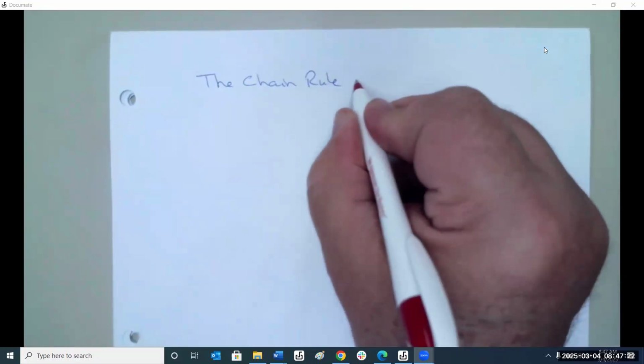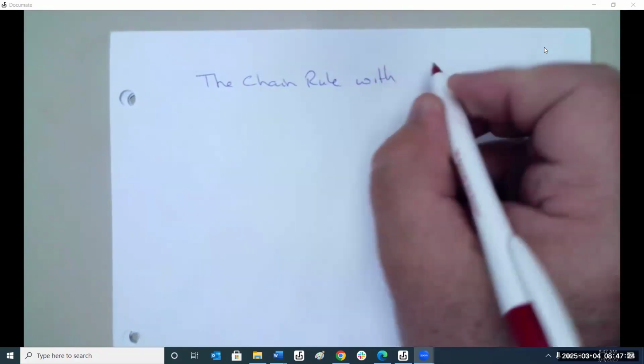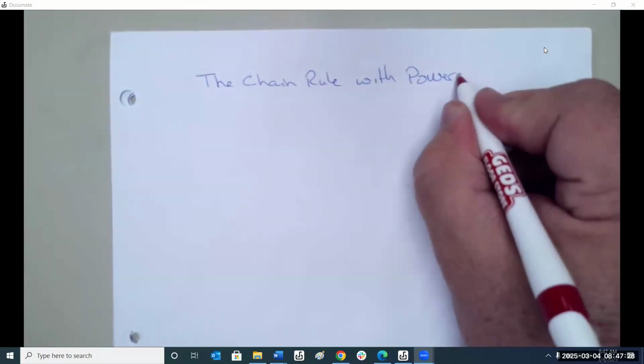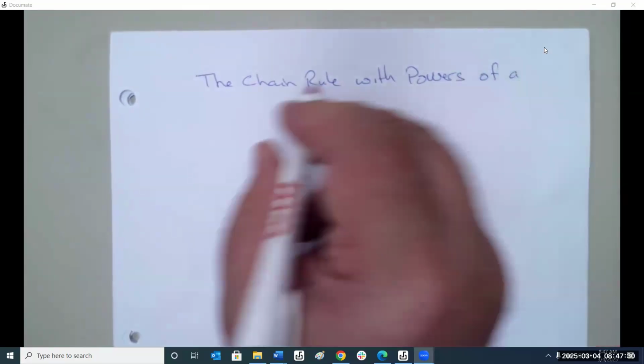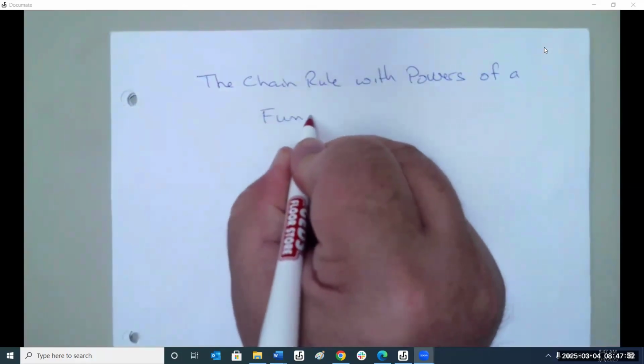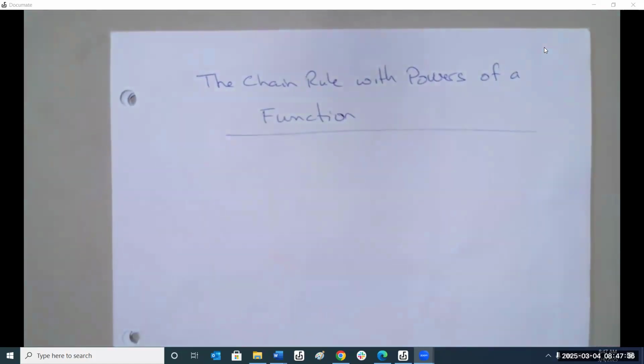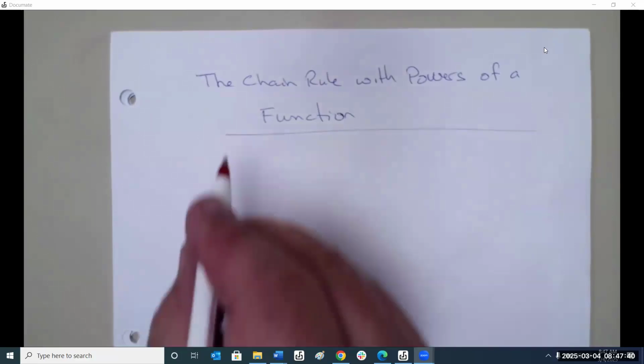The chain rule with powers of a function. In other words, this is the chain rule. Remember what the power rule was?